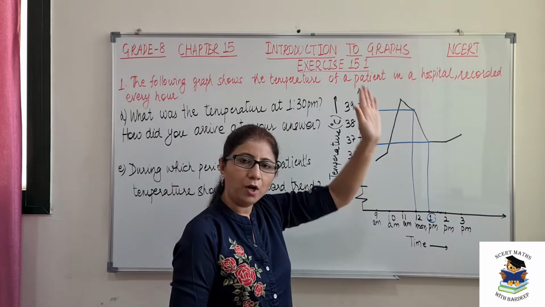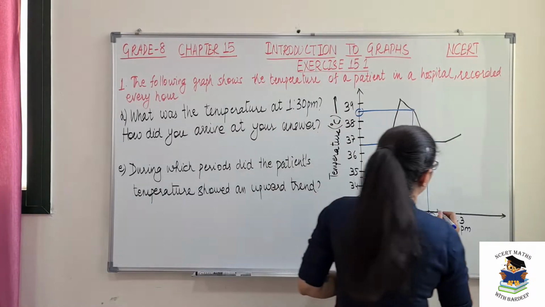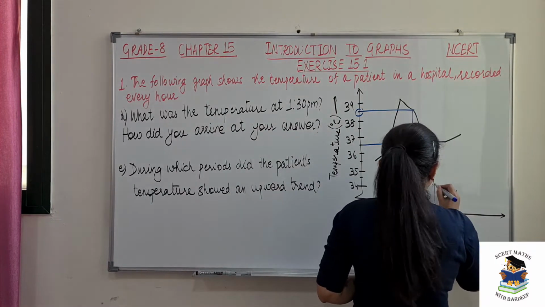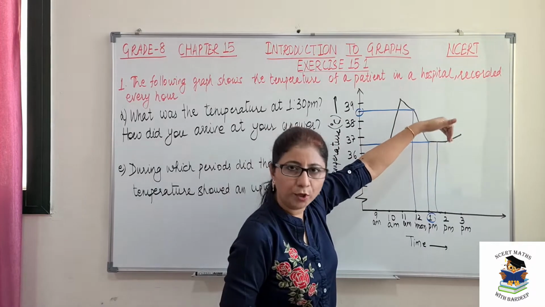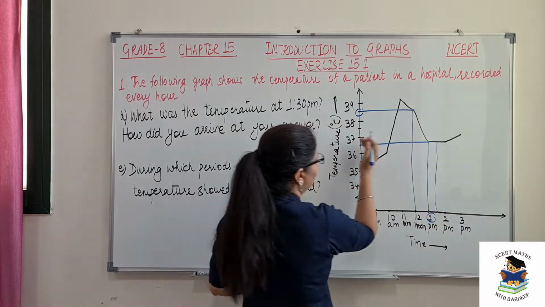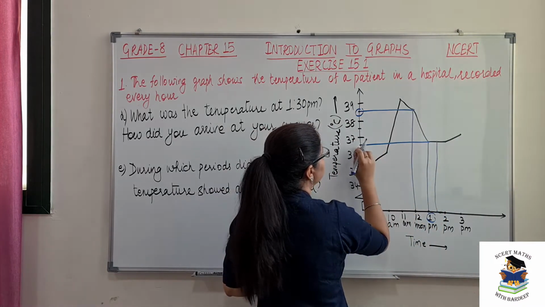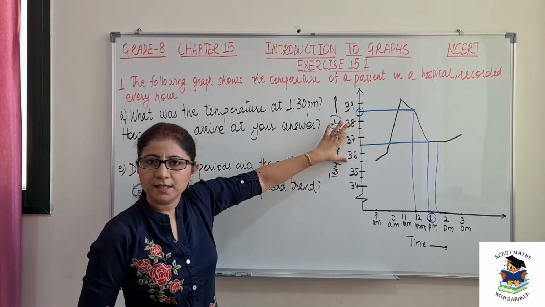So we will draw a vertical line where it will meet your graph. Okay, so it should be this. So now we will see what is the temperature here. So we can plot this towards the y-axis and we can see this temperature is middle of 36 and 37.